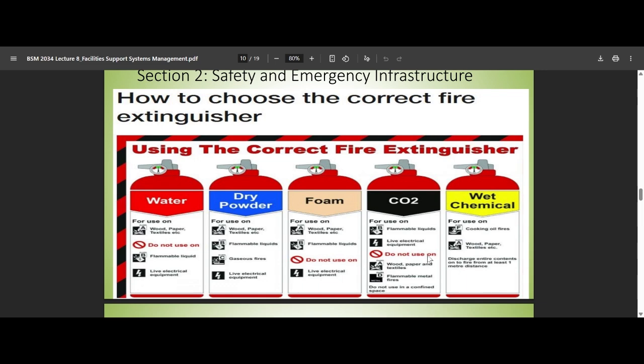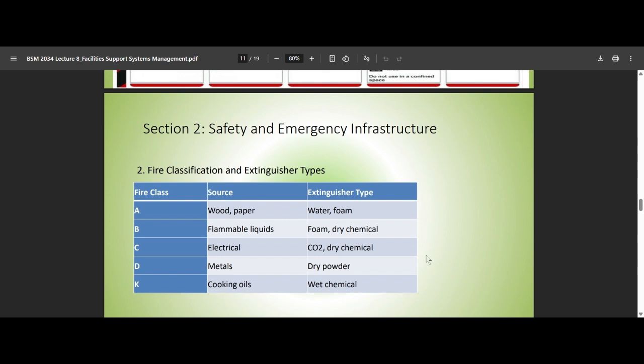Okay, now let's move on. This slide here shows a simplified version for you to understand faster. There are 5 types of fire classes: A, B, C, D, and K. General source, that means the source of that fire is usually due to wood, paper.